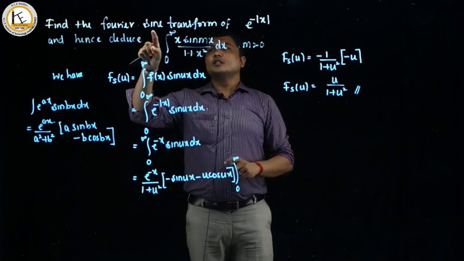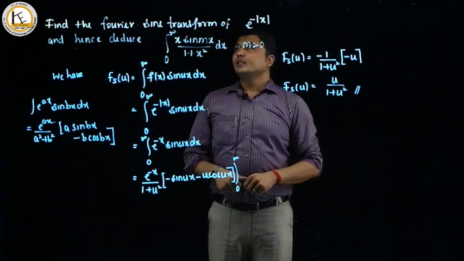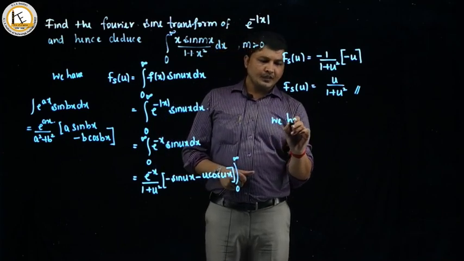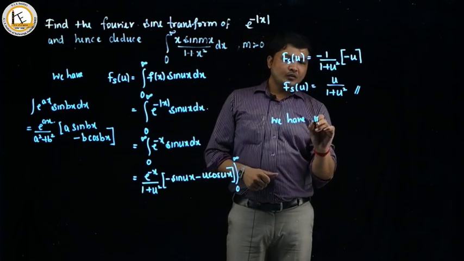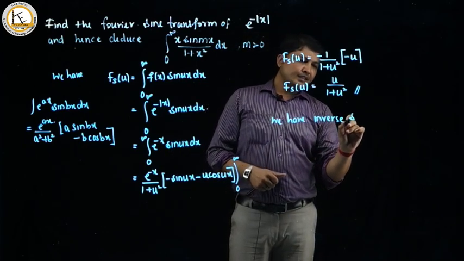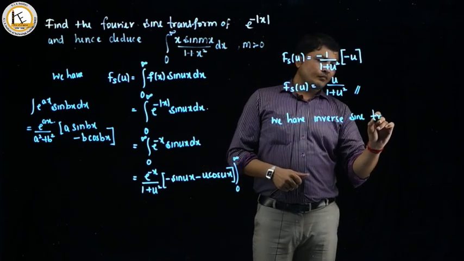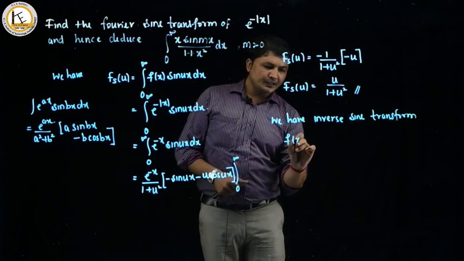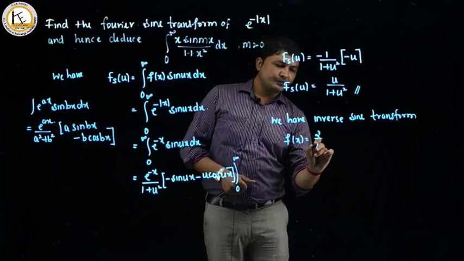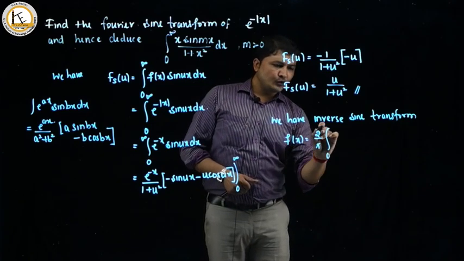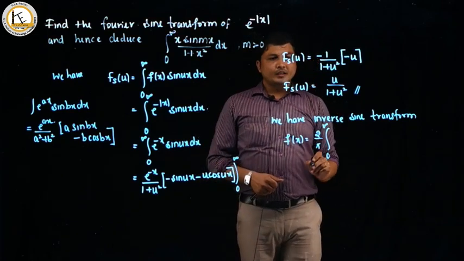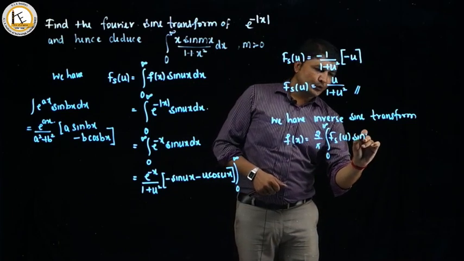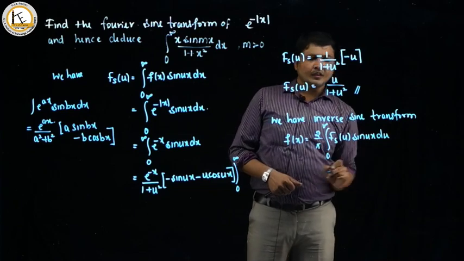So we make use of the inverse sine transform, that is, f of x is equal to 2 by pi integral from 0 to infinity of Fs of u into sine ux with respect to u.